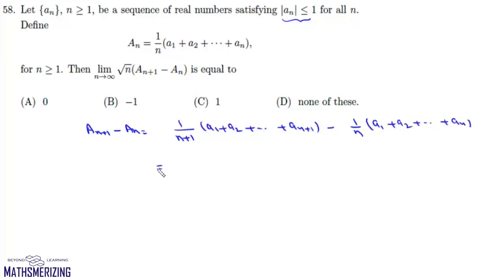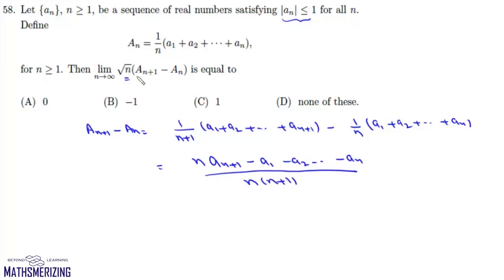Now we can simplify this as n times an plus 1 minus a1 minus a2 minus ... minus an, upon n into (n plus 1).